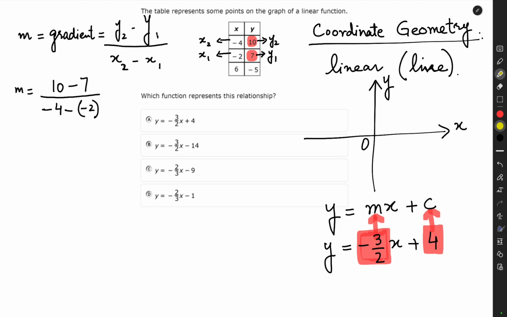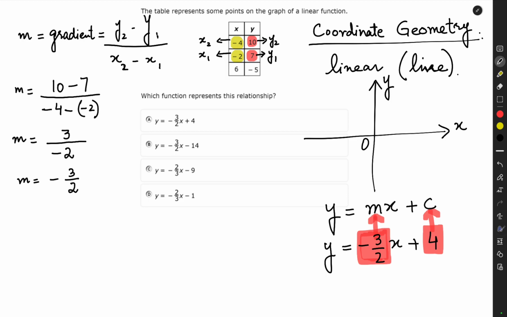I just plugged in the values of x and y. Now m is 10 minus 7 is 3, and minus 4 plus 2 will be minus 2. So the gradient is minus 3 over 2.